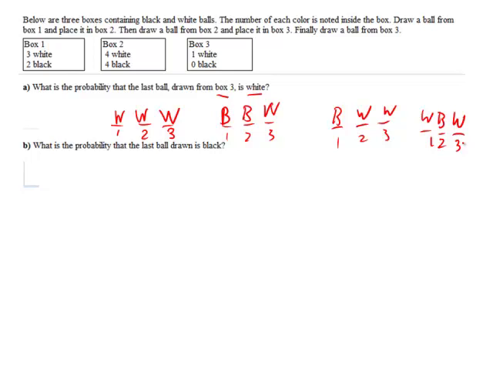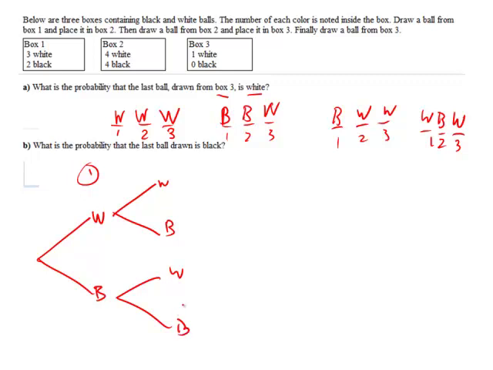Yeah. Let's go with the tree diagram then. White or black for the first one. White or black for the second one. And then finally white or black for the third one. Off each one of those we have white or black.